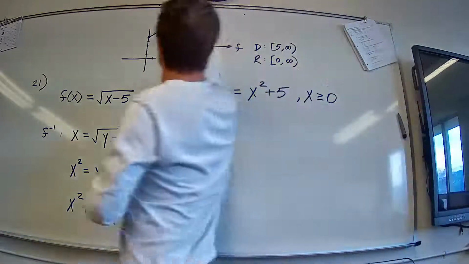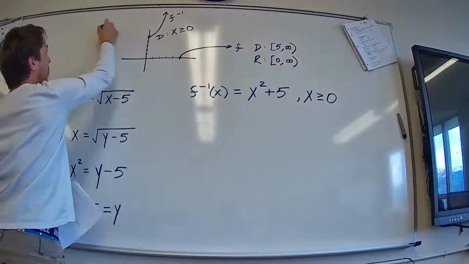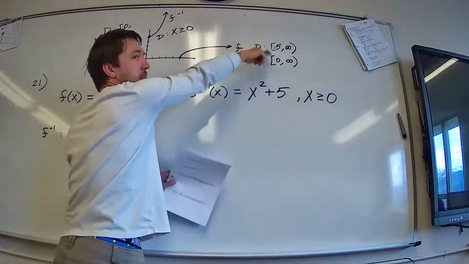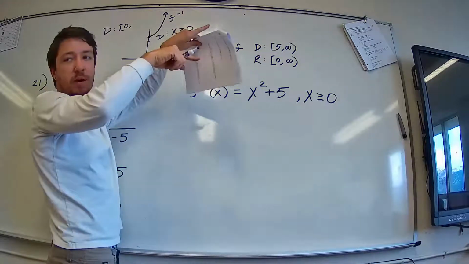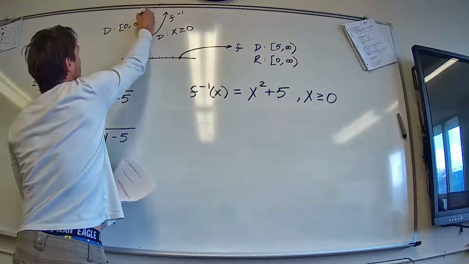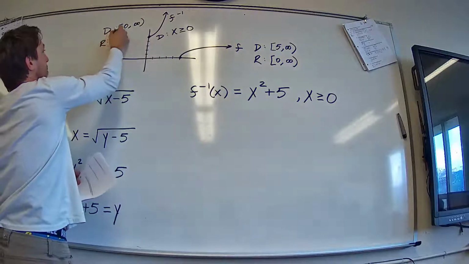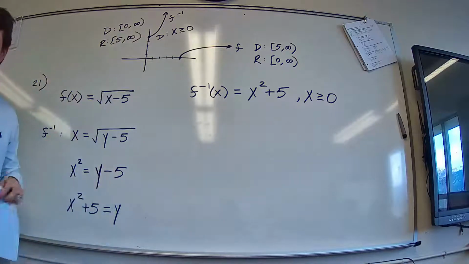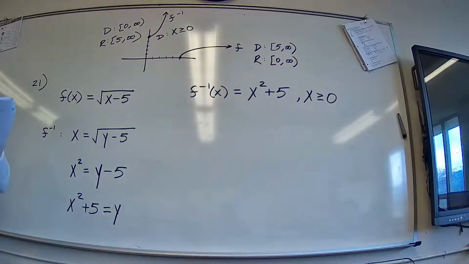And how about the inverse? What happens to these two sets? They should be swapped. Just another swap. The x's become the y's become the x's. Swappy, swappy. The range is 5 to infinity.